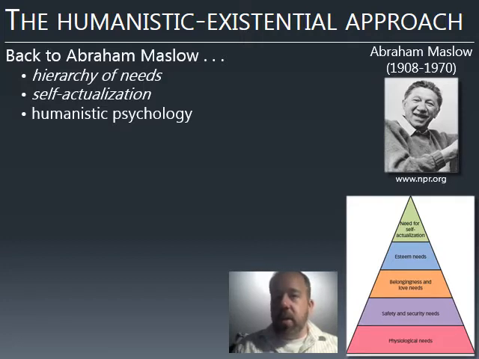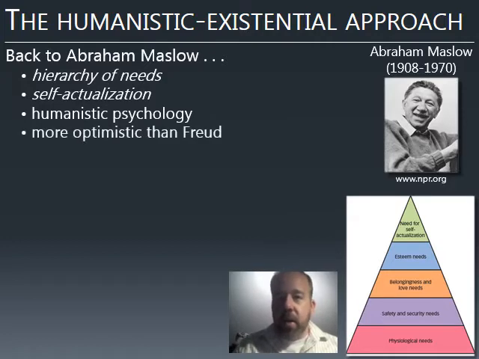And this is, again, a more positive outlook. So this is the idea that people are essentially good, that if given the opportunity, they will improve themselves and contribute to society. And this, of course, is in contrast to views like those of Freud. For Freud, the person was always in a battle against their dark unconscious, trying to control urges that were not acceptable, trying to control biological drives.